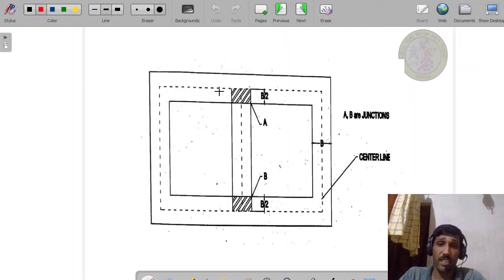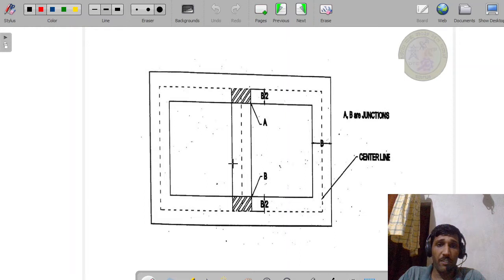Next, how junctions are formed. This is very important: identification of junctions. See here, in this particular sketch, when two walls are meeting at a particular point, there are no junctions forming. This is one wall, this is another wall. When these meet at one point, there is no junction.